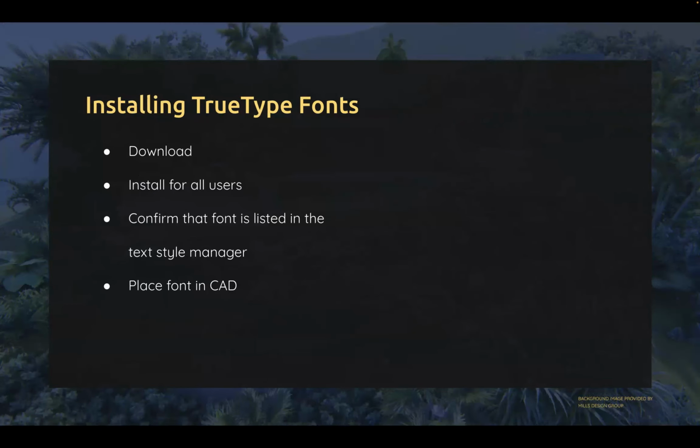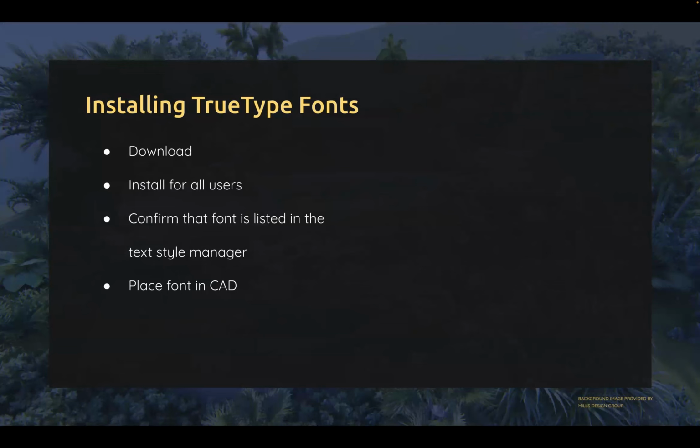When we talk about installing TrueType fonts, it's pretty straightforward. You just download it. One note is you want to install it for all users on the computer. If you have a machine in your office that is shared by more than one person, or you just have multiple profiles on that machine, you want to make sure that the font is installed for all users on that machine, not just the one login that you're on.